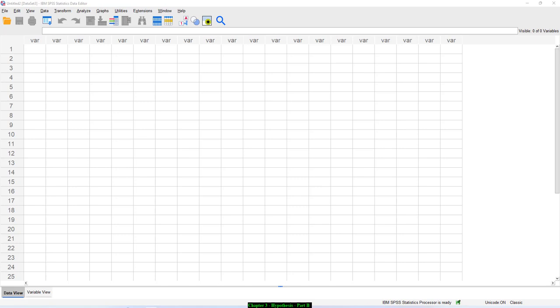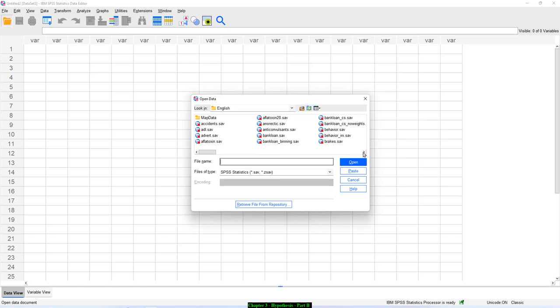First, I want to demonstrate how to open a sample data. So let me open a demo data. I hope you already have my book. In my book, I explain how to key in the data and how to construct a one sample t-test.